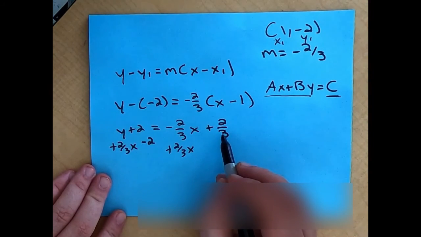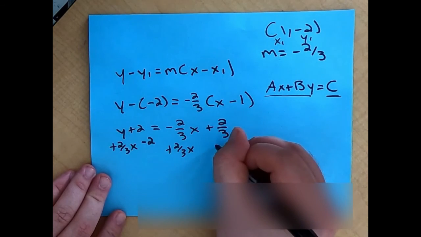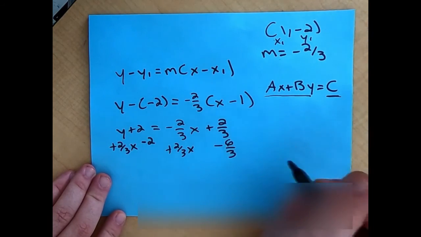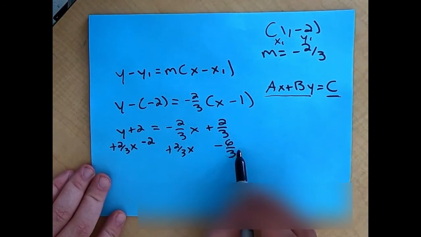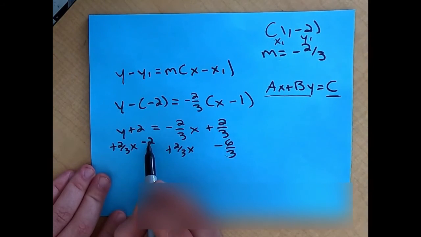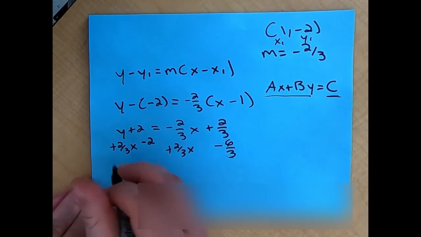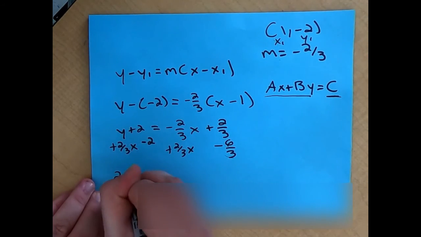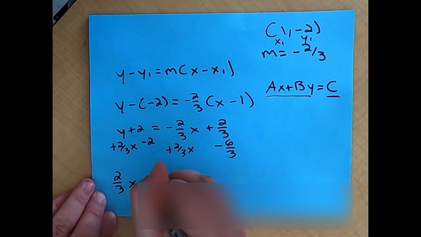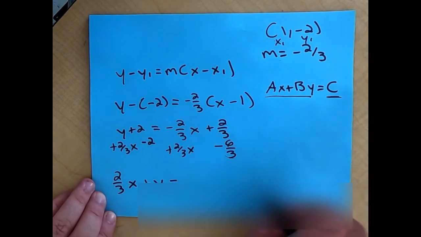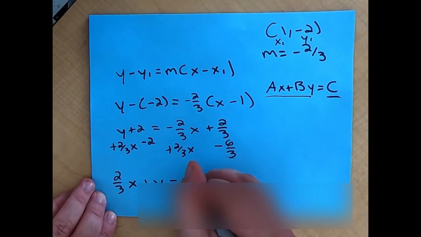But I have a fraction over here. So I really want to subtract 6 over 3, right? Because I need a common denominator to subtract. 6 divided by 3 equals 2. Everybody get that? Cool. So I get 2/3 x plus y equals 2/3 minus 6/3 is negative 4/3.